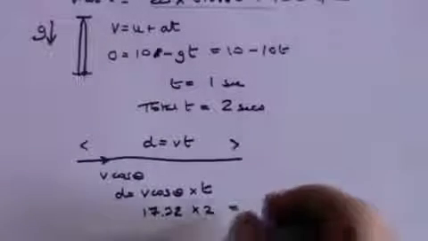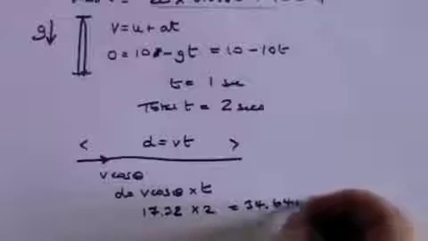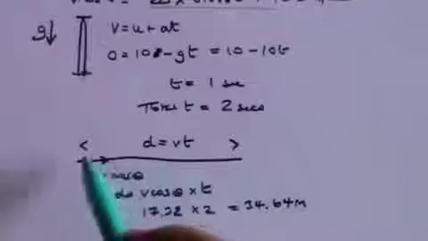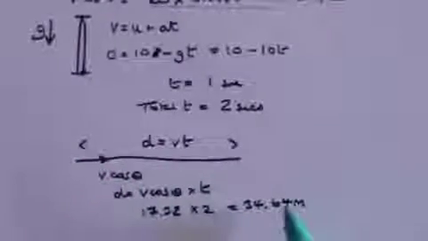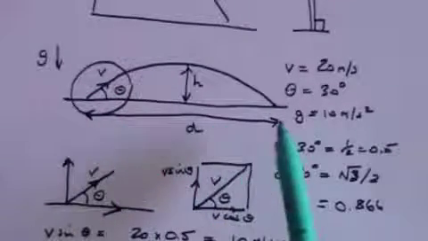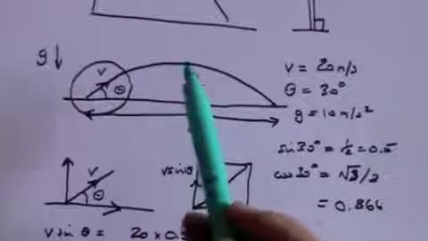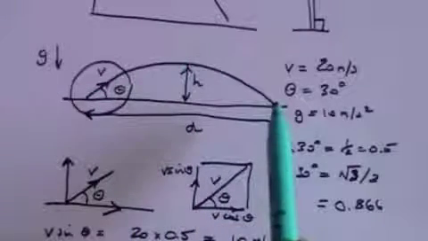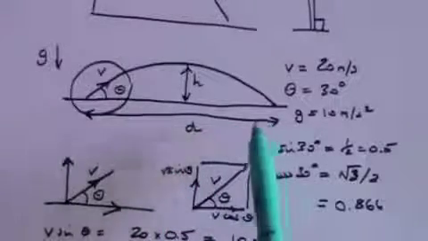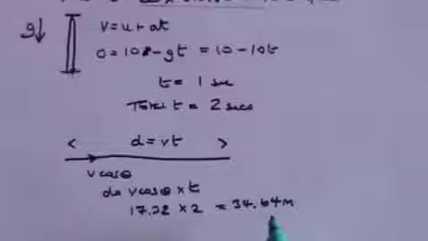And that comes to 34.64 meters. So that tells you that the ball will go a total distance of 34.64 meters as its range here, because in the 2 seconds the ball goes up and comes down, and after 2 seconds it's there and the ball has travelled this distance, which we just calculated as 34.64 meters.